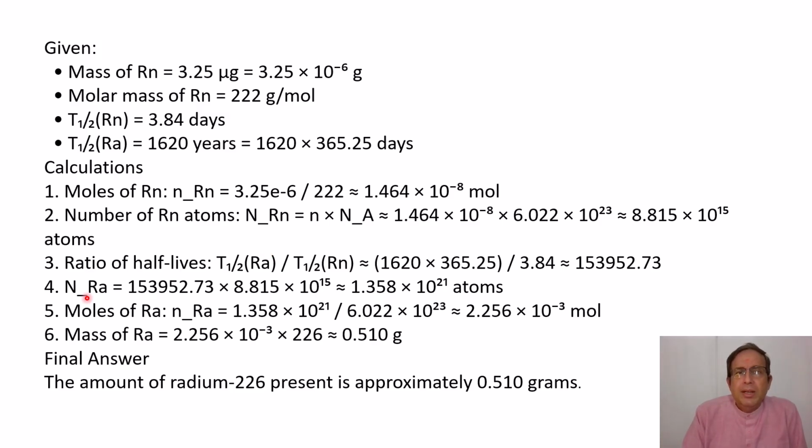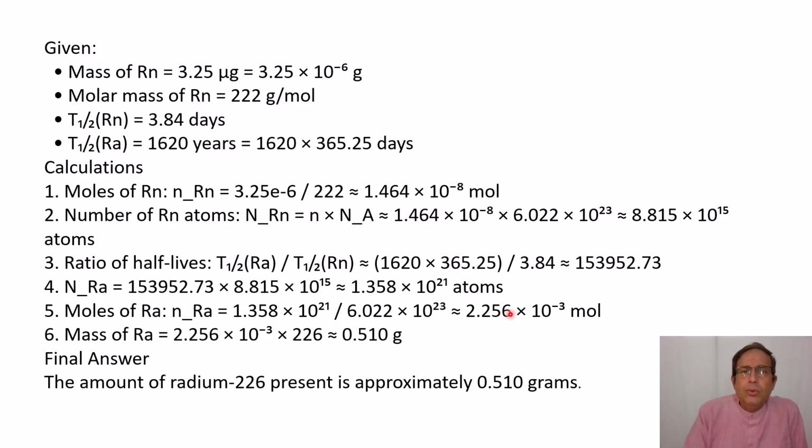Since you know the number of atoms of radon, the number of atoms of radium can be calculated by multiplying the ratio of half-lives by the number of atoms of radon. You get the number of atoms of radium, which is 1.358 times 10 to the power 21 atoms. The calculation is very simple.